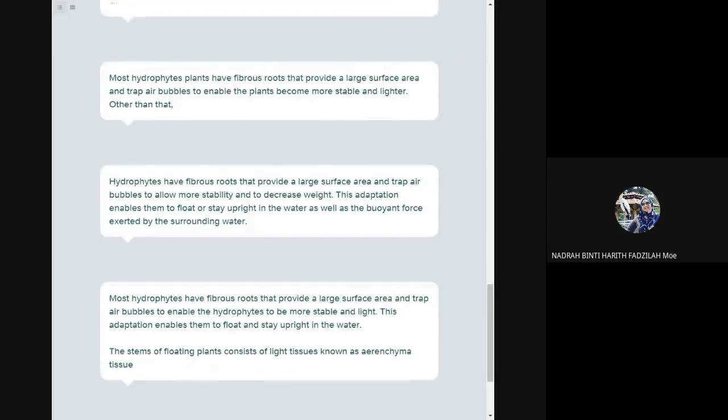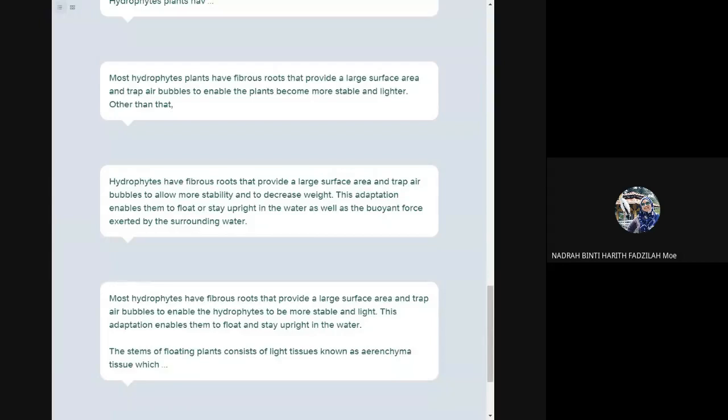Lepas tu bila large surface area, saya berhenti sampai large surface area dulu, saya explain kat situ. Bila ada ombak, ada gelombang pada surface of the water kan, disebabkan ada large surface area ni, hydrophytes are very stable. So bila ada gelombang, pokok tu tak terbalik, susah nak terbalik. Itu antara function having a large surface area lah.